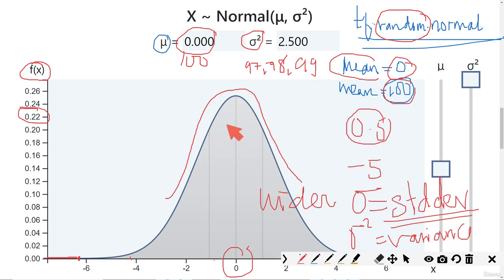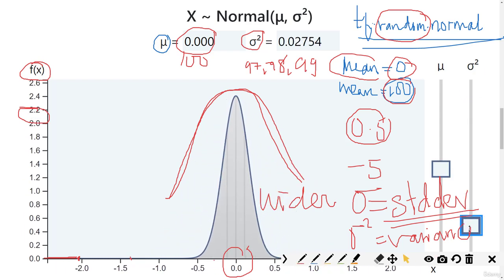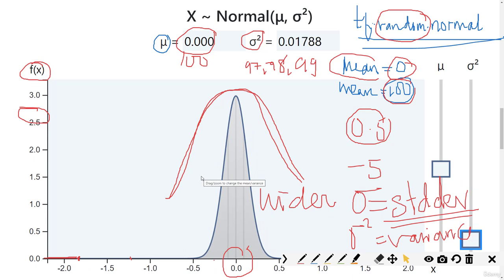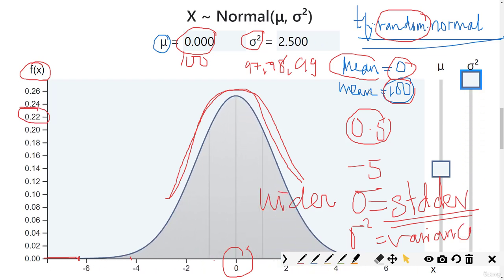Anyway, what we're trying to say here is an increase in sigma will make this curve wider, and a decrease, let's decrease sigma, you see, a decrease in sigma makes the curve thinner and narrower. Now what this implies is that if we have sigma square as 2.5, there are much higher chances now that we could randomly select -5 as compared to before.